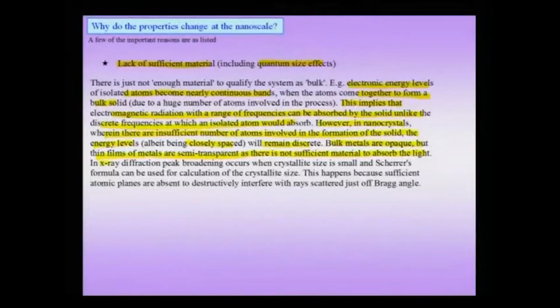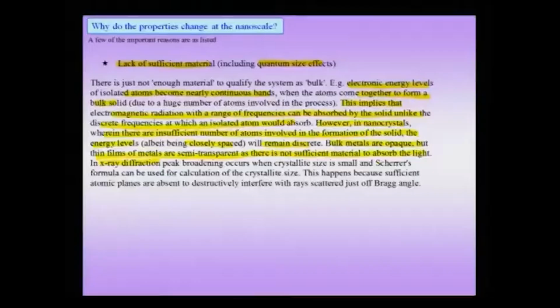Now, suppose we talk about a very related phenomenon, which is X-ray diffraction. In X-ray diffraction, we know that, for instance, suppose I have a polycrystalline material, if I reduce my grain size to the micron level and further, I can use X-ray diffraction to actually measure the crystallite size. This is because when you reduce the crystallite size, the peaks in an X-ray pattern actually broaden.